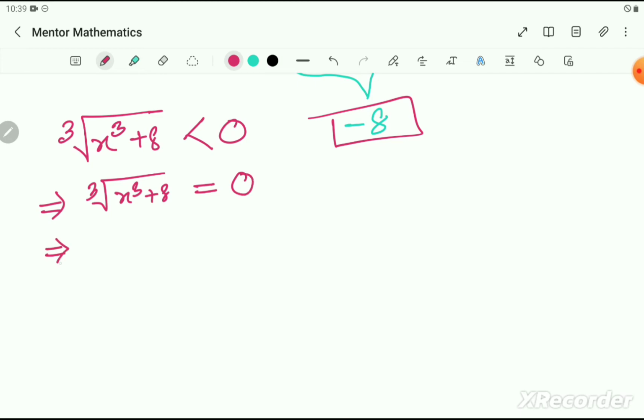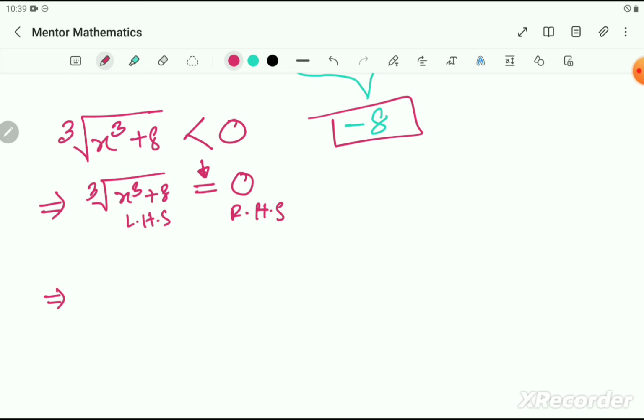Usually inequality problems are solved this way. First we have to think it's equal, like both left hand side and right hand side are equal. Then we will try to find the value of x, and then we'll put the inequality sign again, then we can find the answer.